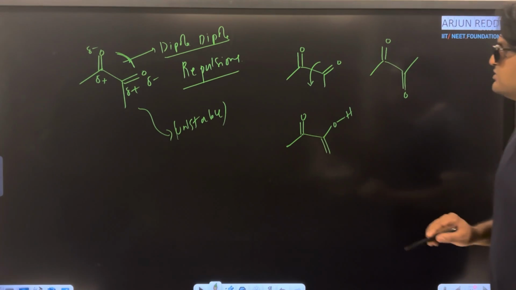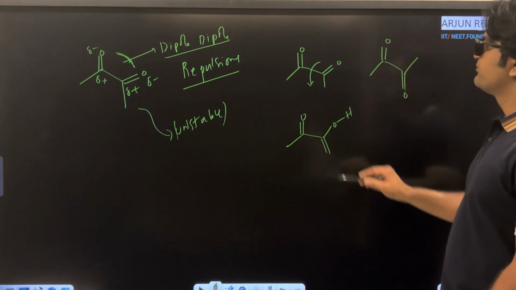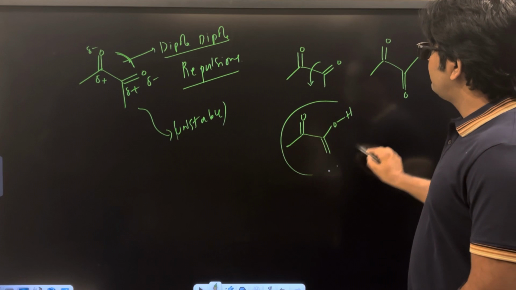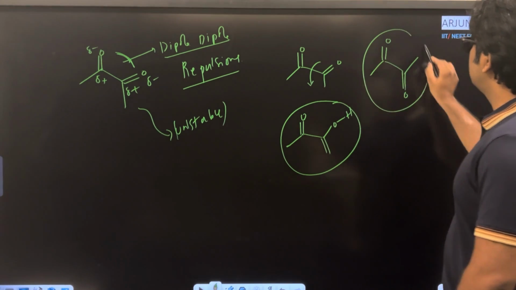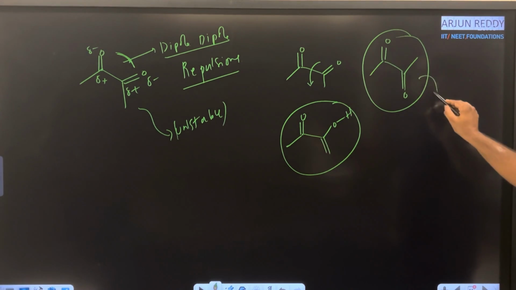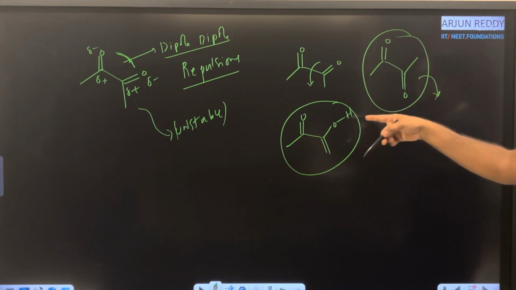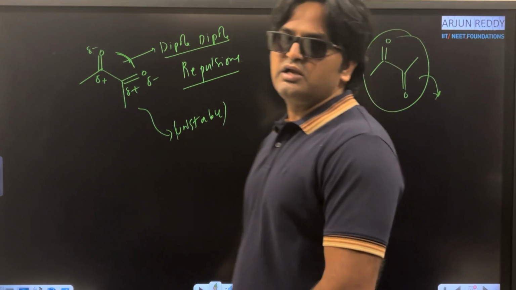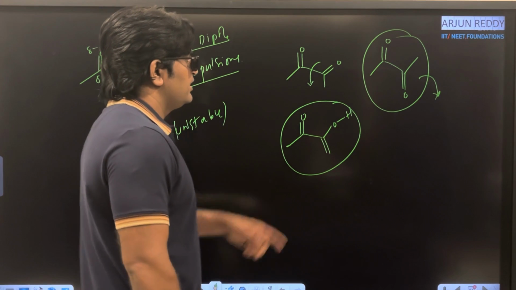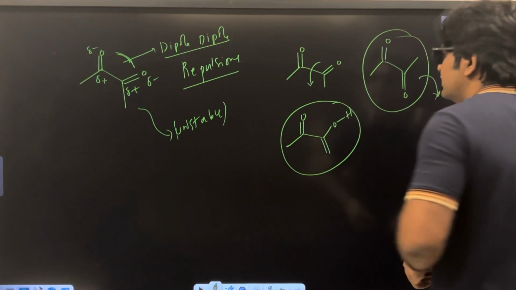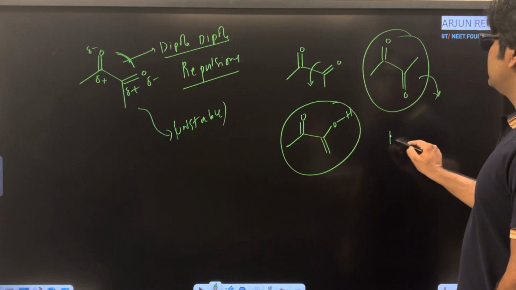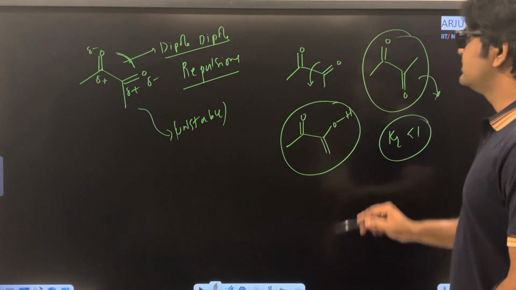Actually experimental studies tell that compared to this enol form, the ketone form is more stable because of the bond strength. In that case, we are not giving priority to the enol form. Very important. Now the ketone form is better than the enol form. So in that case, what is the equilibrium constant value? Less than 1.